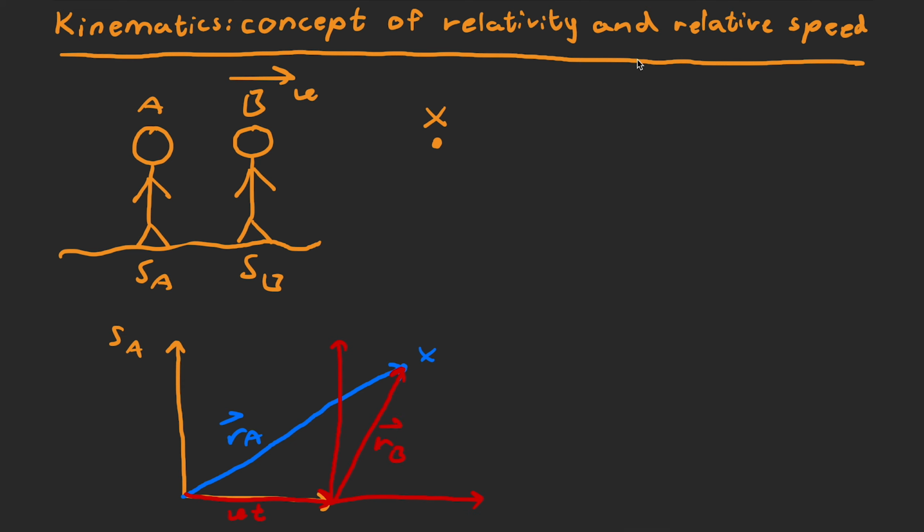Now from this, what we can gather is this. We know that RB can be defined by the difference between RA and VT.